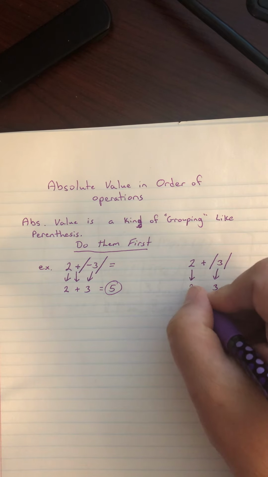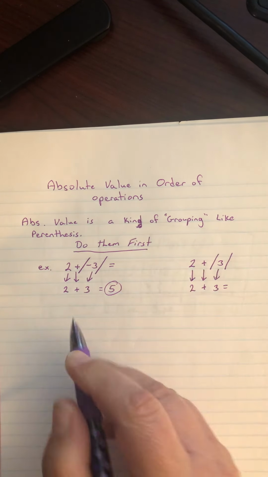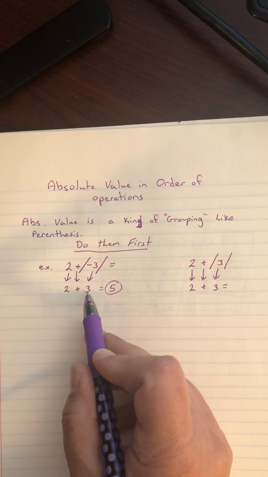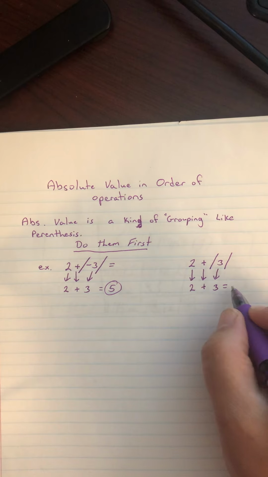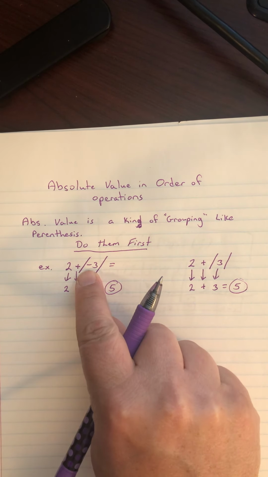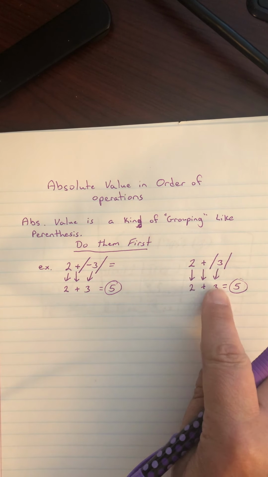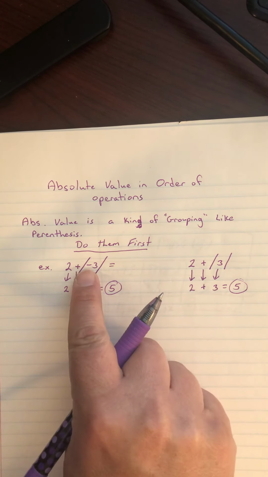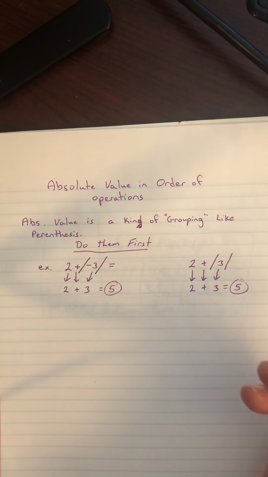And then the 2 comes down, the addition comes down. And look at that. Now we can see 2 plus 3, 2 plus 3. They're the same problems. Even though they started looking different because this had a negative, that had a positive, it doesn't matter. This is a measurement from 0. This is a measurement from 0. So now they change into the same problem.